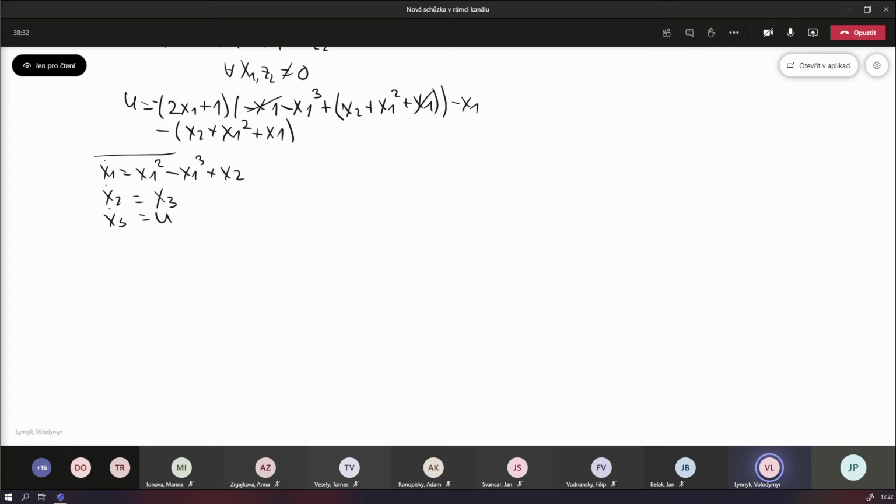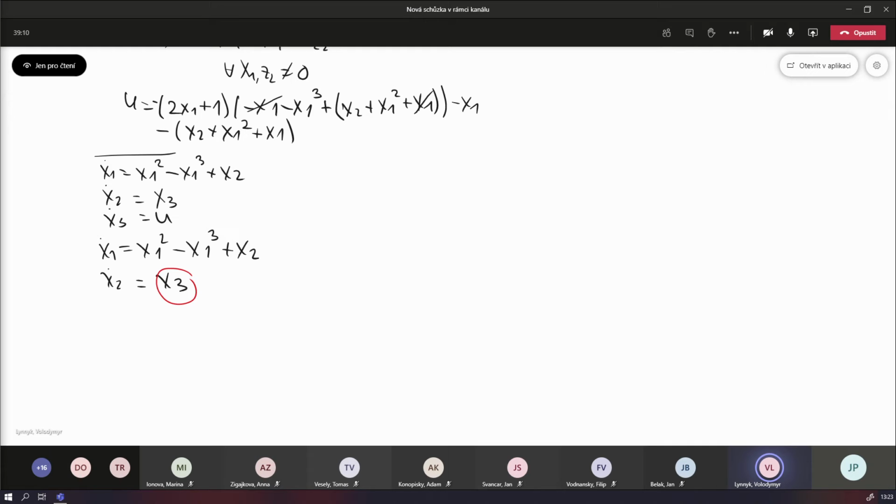After the first step we have the second order system: x1 dot equal to x1 squared minus x1 cubed plus x2, and x2 dot equal to x3, and x3 is a control law.